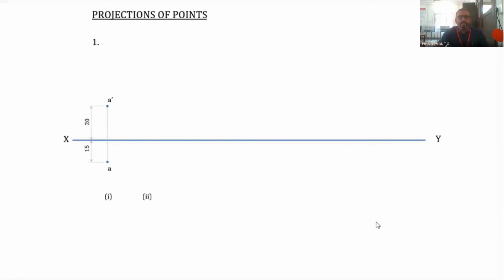In that case, it is 20 millimeter above HP and 15 millimeters behind VP, if I remember it right.